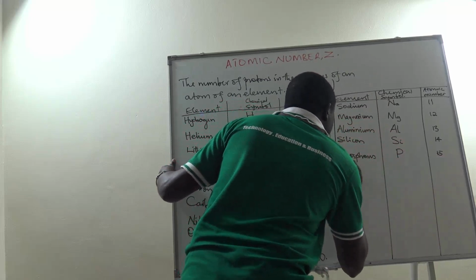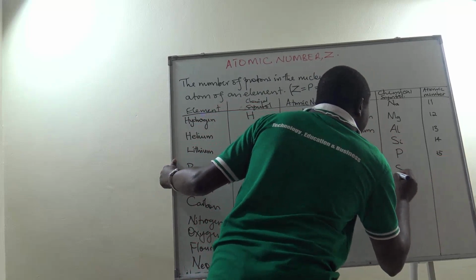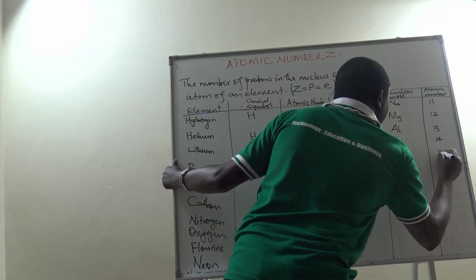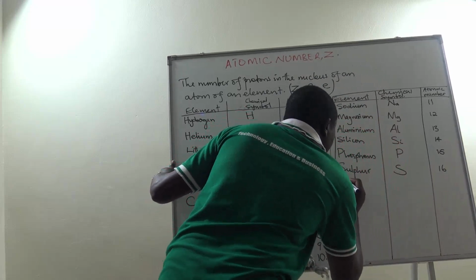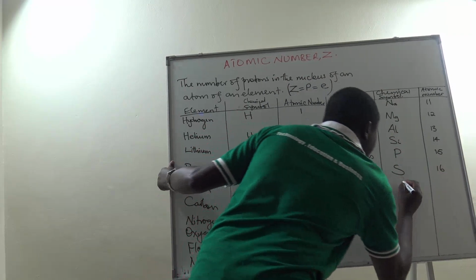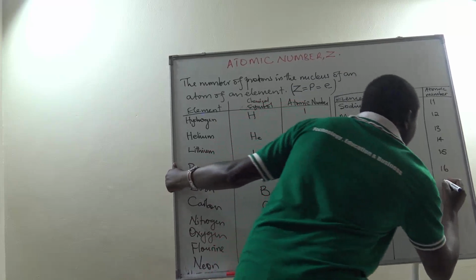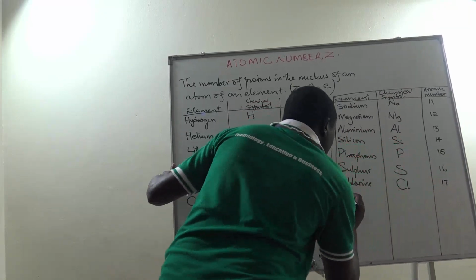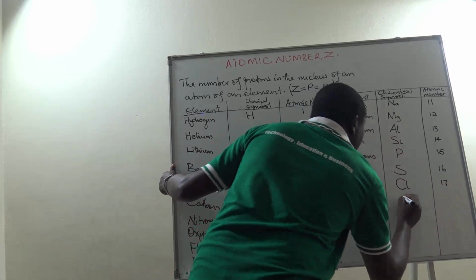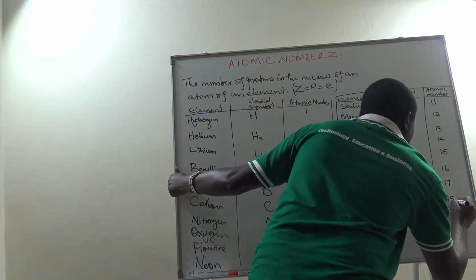Then we go to sulfur, which is capital S, number 16. Let me write this number 15 here very clearly. Then we go to chlorine, it is capital C and small l, it is number 17. We have argon, which is capital A, small r, number 18.